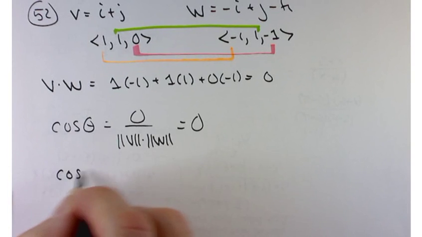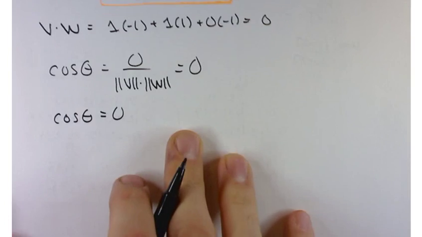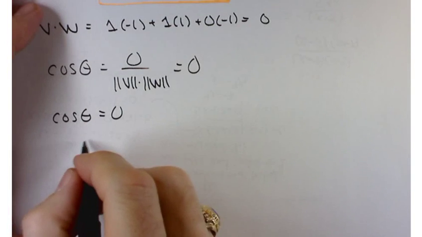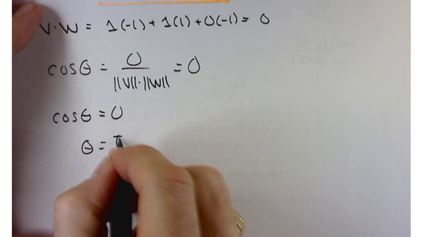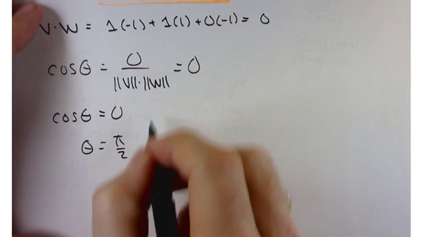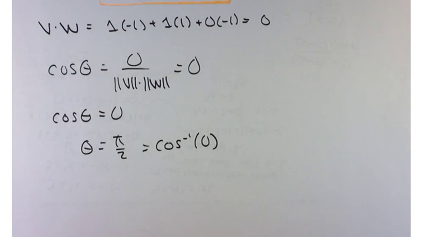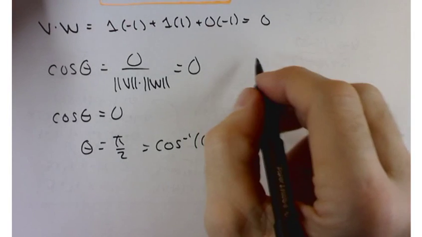So the question is, what angle has a cosine of 0? 90 degrees. So theta would be pi over 2, which is the inverse cosine of 0. It's an important result that I mentioned last week. I'll mention it again.